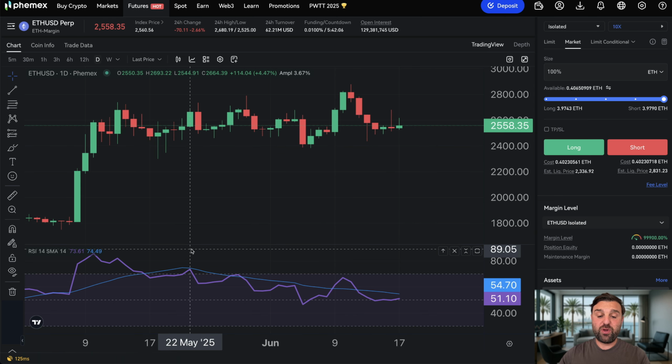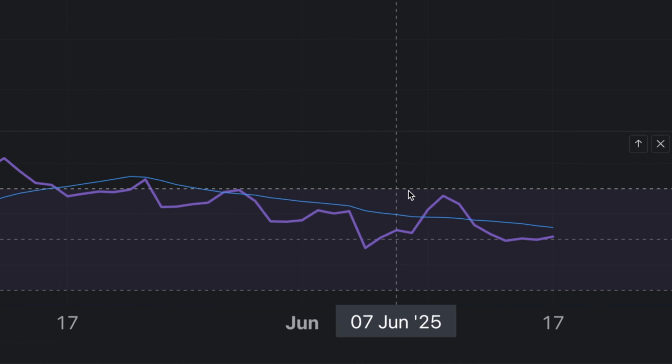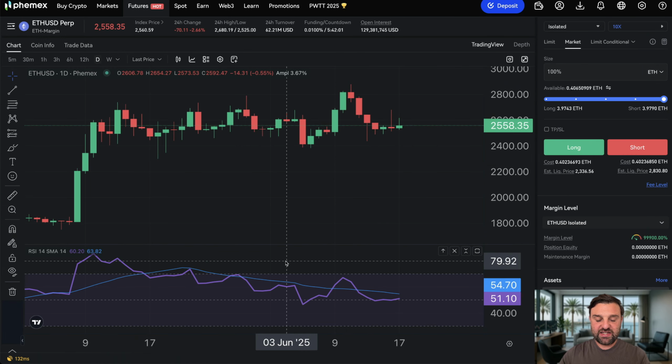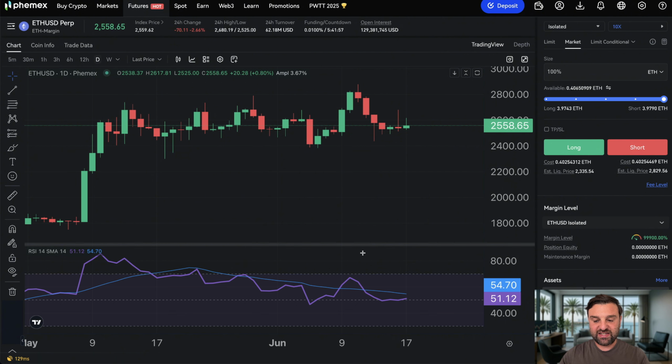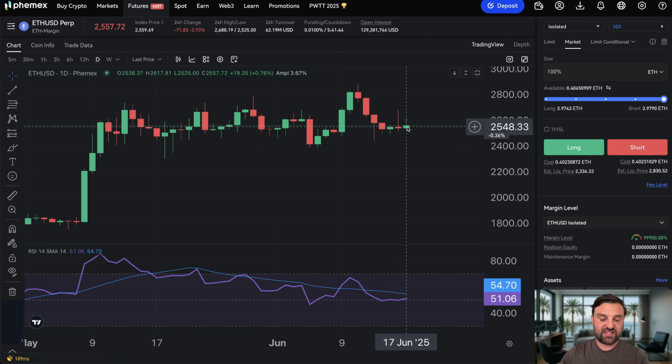Now, at the moment, the RSI has been in a downtrend. And with the RSI in a downtrend, it means the relative strength index is coming lower, which means it's more valuable. It's better to buy Ethereum now than it was at the same price on the 10th of May. So just for reference, it's the 17th of June.